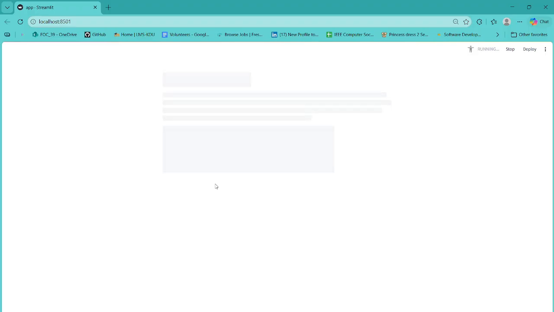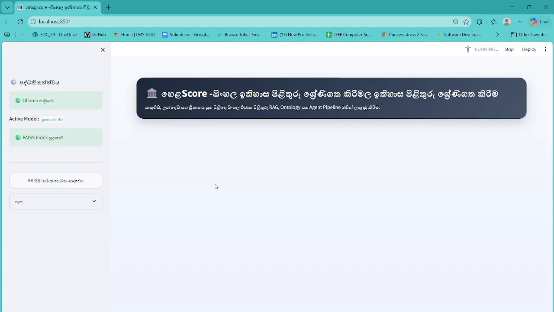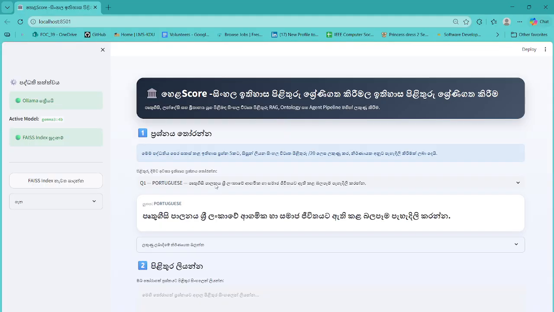My system is called HelaScore. It is an offline intelligent Sinhala history answer scorer developed for the natural language processing individual assignment. The selected scope is Colonial Sri Lanka, covering the Portuguese, Dutch, and British periods. The system is not a general chatbot. It is an answer scoring system.